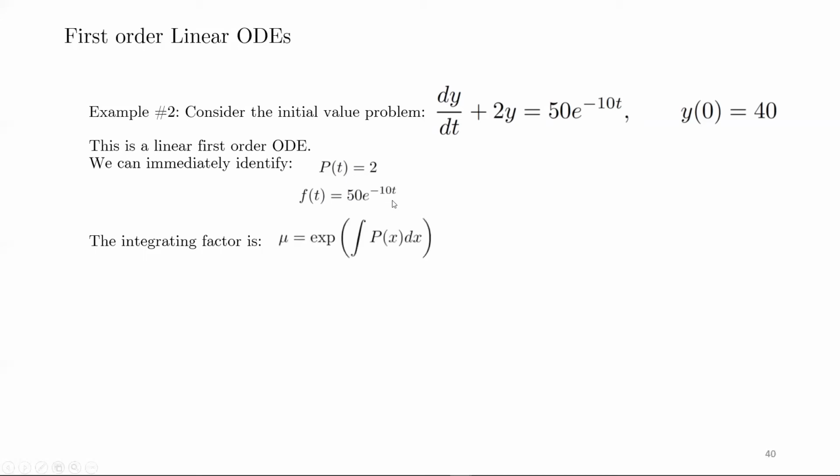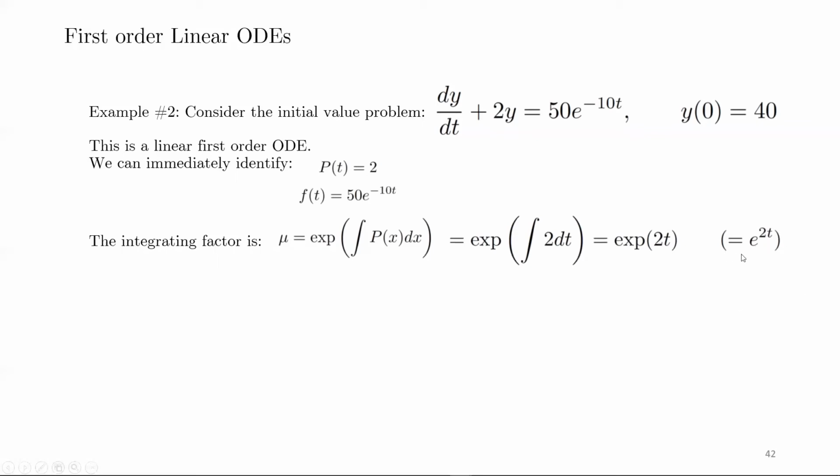The integrating factor is the exponential of the integral of that function p, so simply the exponential of the integral of 2. The integral of 2 is just 2t, so we get quite simply the integrating factor mu is equal to the exponential of 2t. Sometimes I write exp for exponential, sometimes I write e to the power of the argument of the exponential.